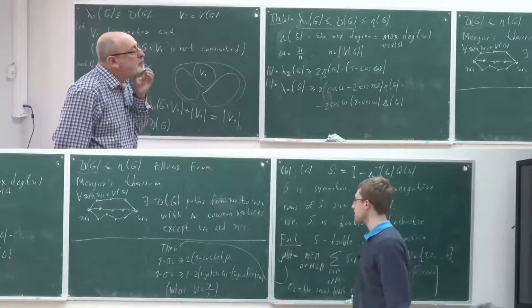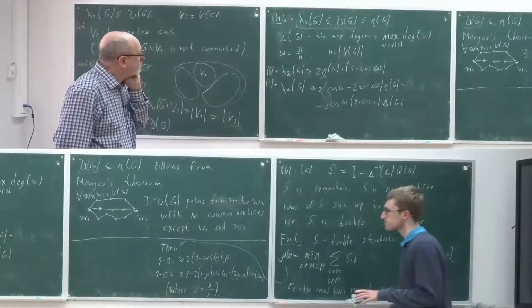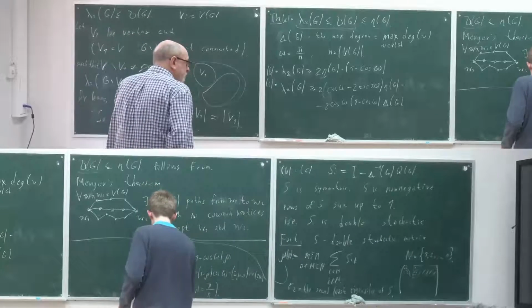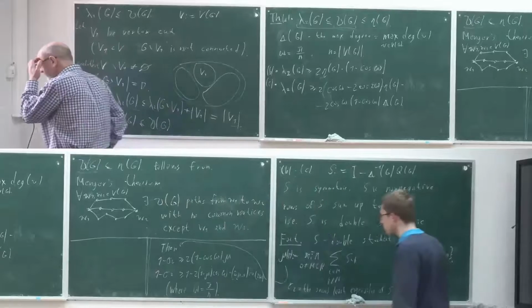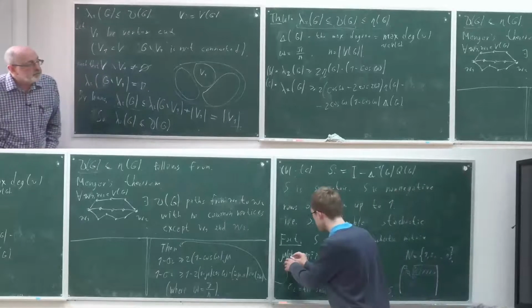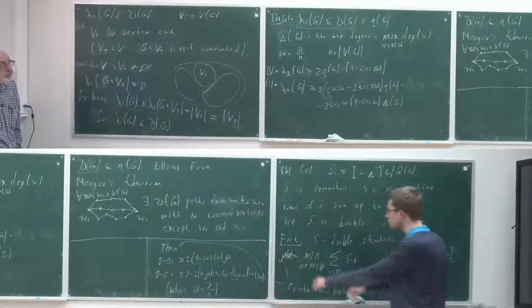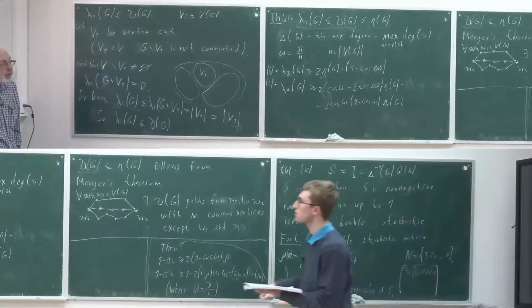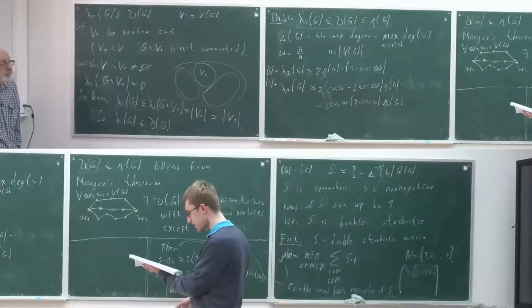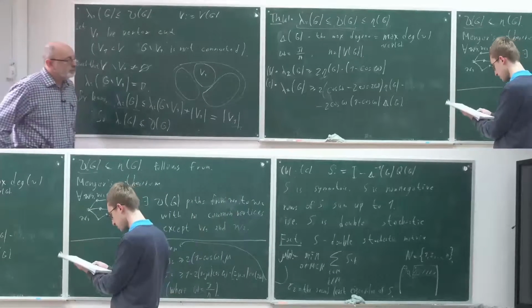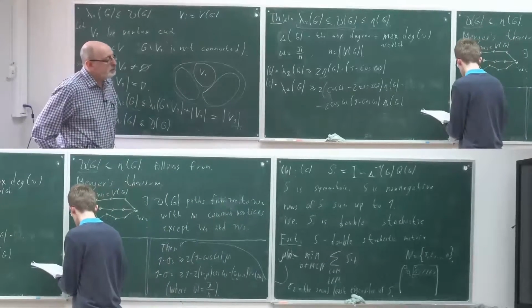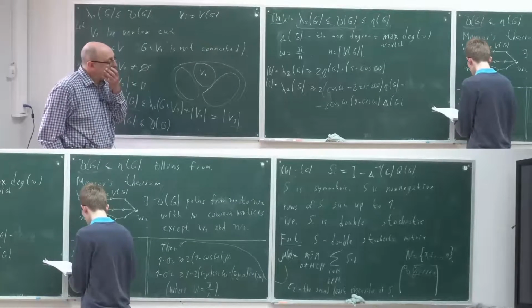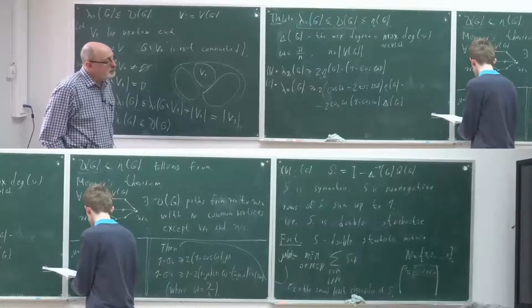So we should connect somehow this mu with edge connectivity, and I claim that the connection is the following: mu is just the edge connectivity divided by the maximal degree.